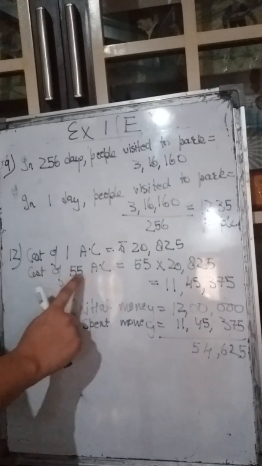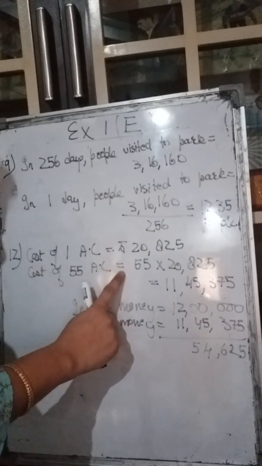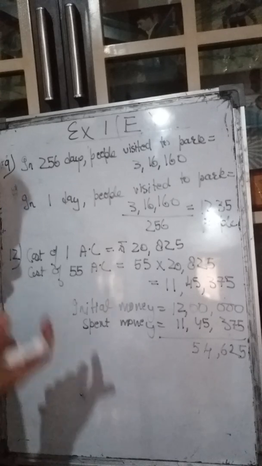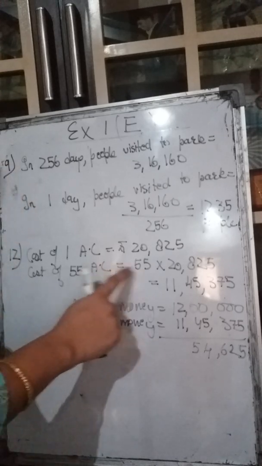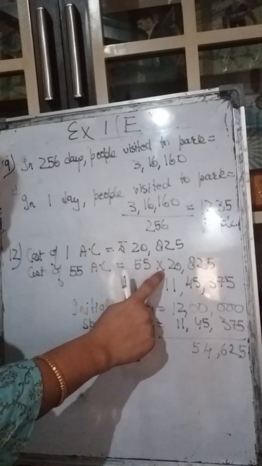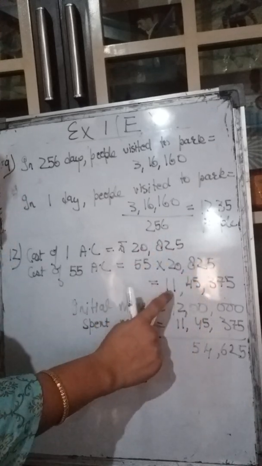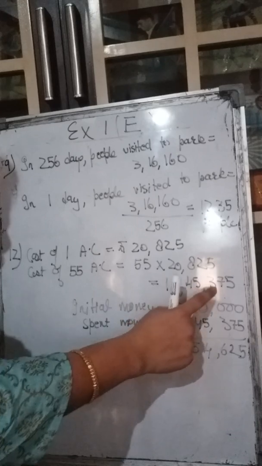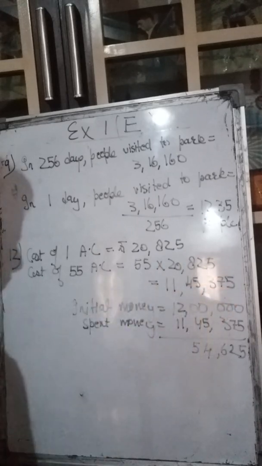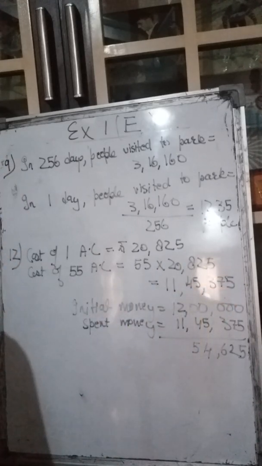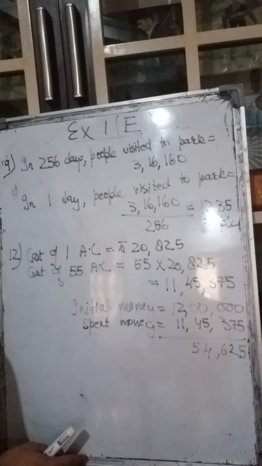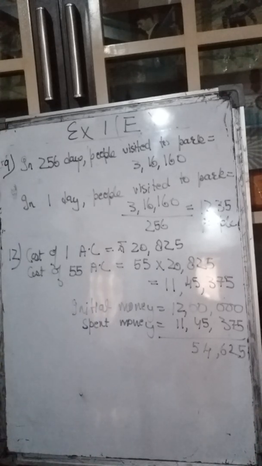So the cost of 55 ACs will be, whenever we have to find the cost of more things, we will multiply. 55 multiplied by 20,825. That will be 11,45,375 rupees.